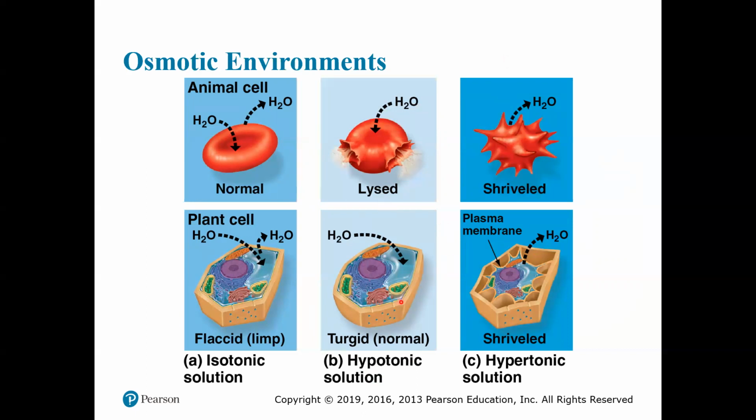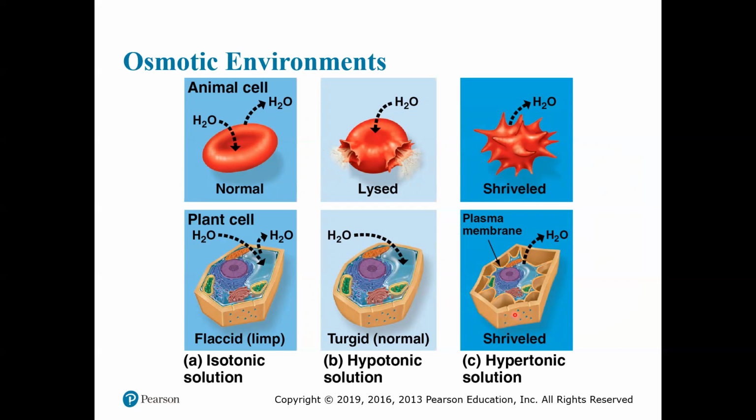For plant cells, the plant cells do have cell walls, and a hypotonic solution will lead to a turgid cell, which is a normal plant cell. So the vacuole in that plant cell will swell and it will push on that cell wall, causing it to be rigid.